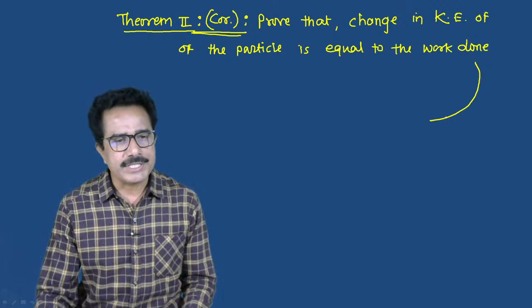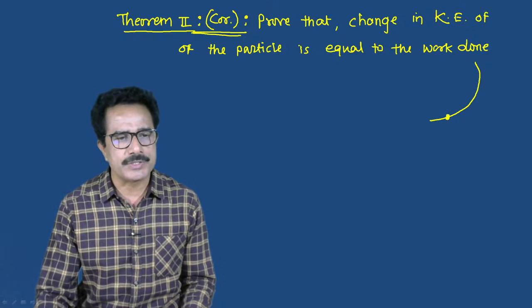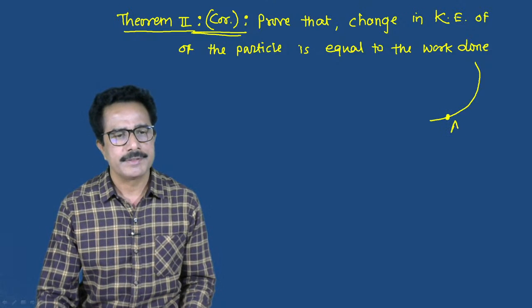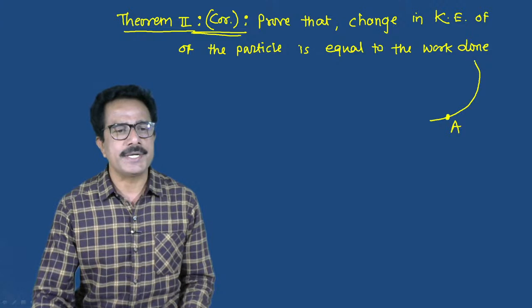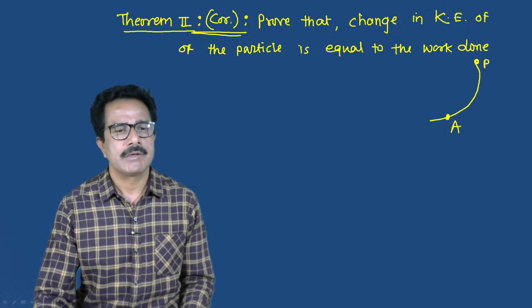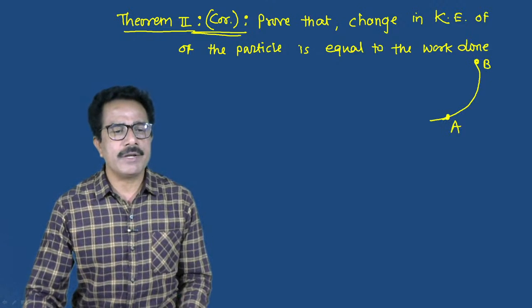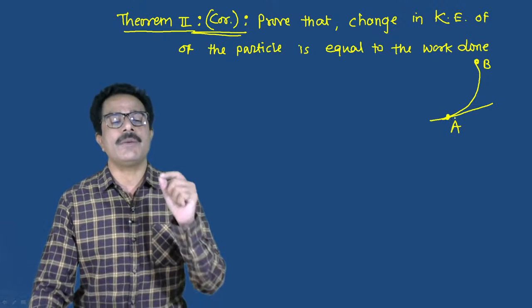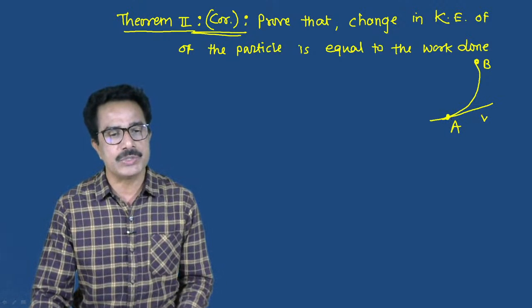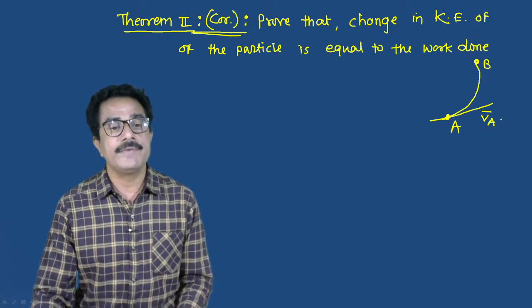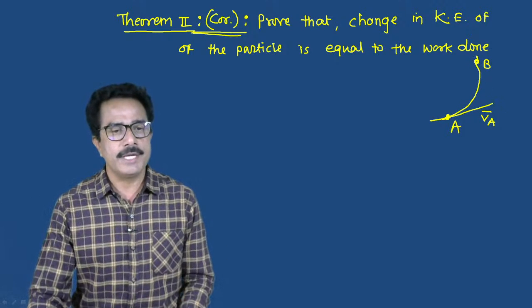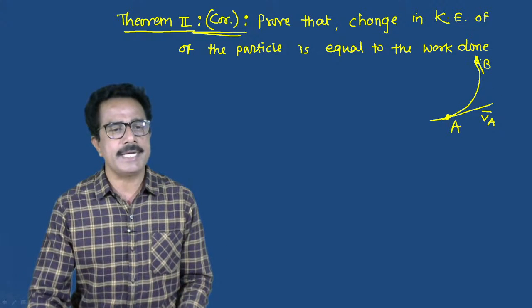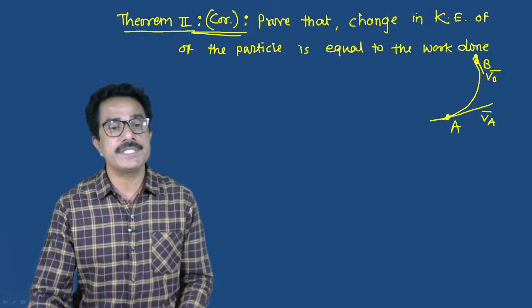Suppose that velocity of a particle at a point, suppose this is point A, this is point B. Now suppose that velocity of a particle at point A is denoted by VA bar, which is not equal to 0. Then velocity of the particle at point B is denoted by VB bar, which is also not equal to 0.